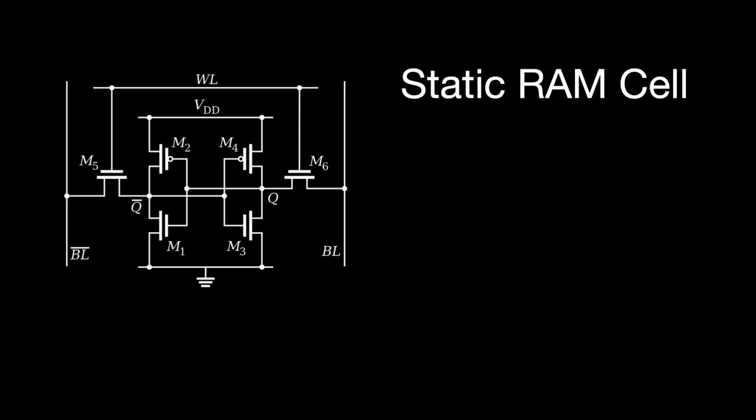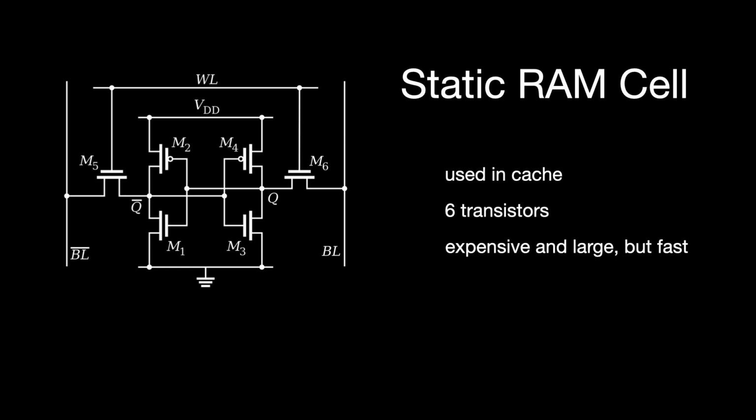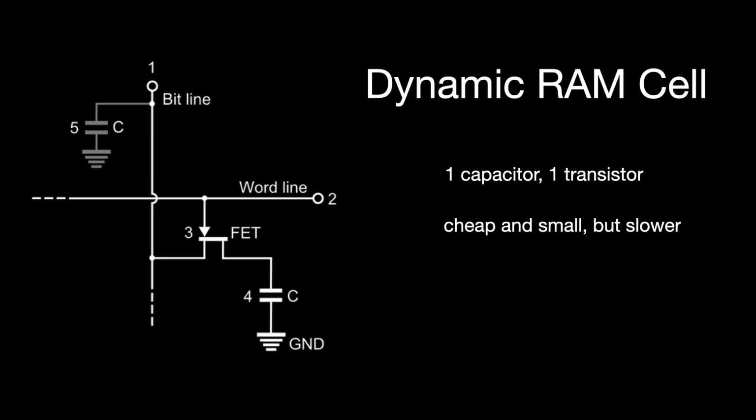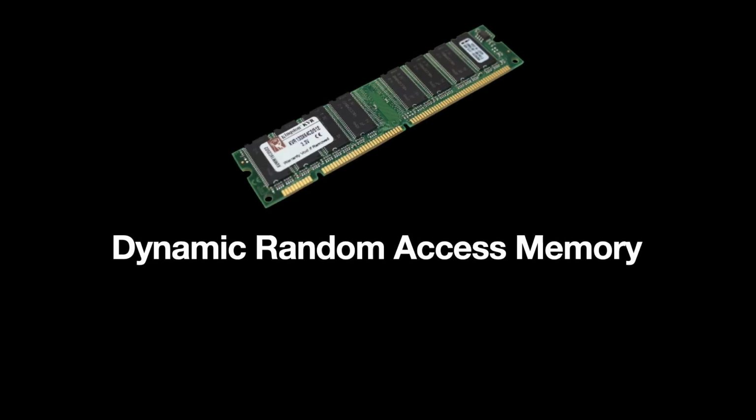This is all static RAM. To store 1 bit, it uses 6 transistors. And then we have dynamic RAM, which to store 1 bit, you need 1 capacitor and 1 transistor. These are what are used in your RAM sticks. This is your dynamic RAM.